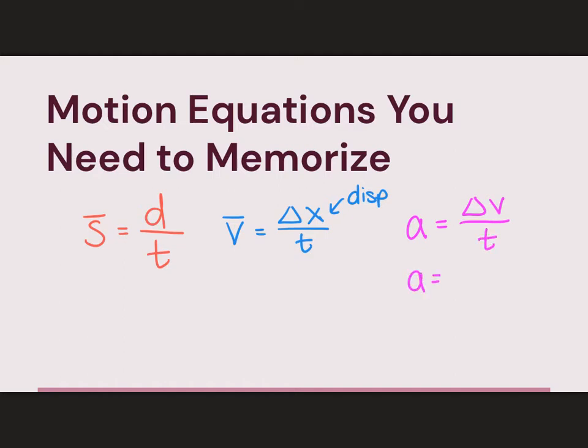So acceleration is change in velocity over time, V final minus velocity initial. Take a moment, memorize those, write them down a million times. You are going to need to have those memorized for the AP test and also the class.